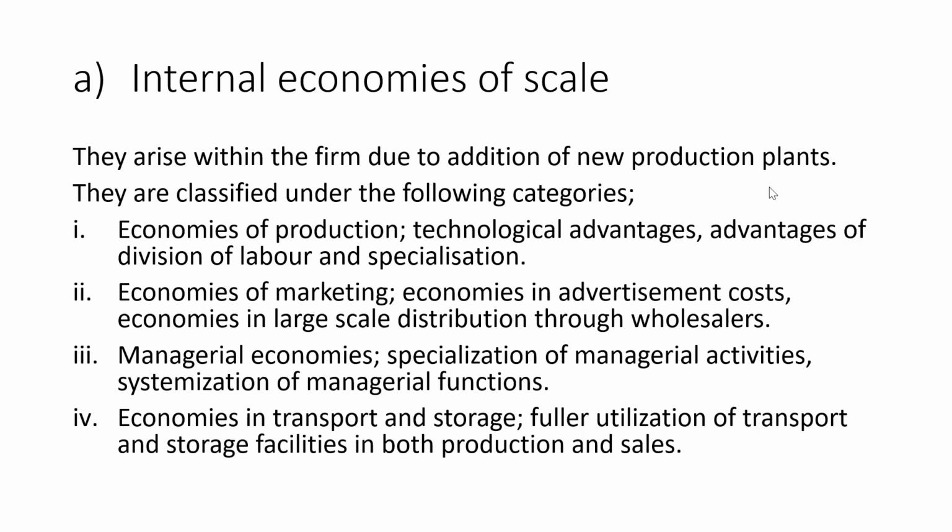Then we have economies in transport and storage, whereby large-scale firms are able to fully utilize their transport and storage facilities. These storage facilities are for both the raw materials as well as the finished products. So these large-scale firms are able to acquire their own means of transport, thereby reducing the unit cost of transporting the raw materials and also the finished products.